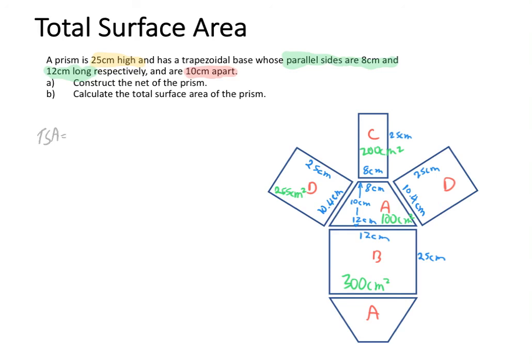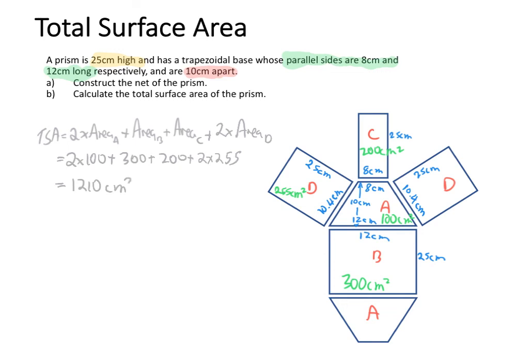The total surface area is going to equal 2 times the area of shape A, being my trapeziums, plus area of shape B, plus area of shape C, plus 2 times area of shape D. Substituting in my values: 2 times 100, plus 300, plus 200, plus 2 times 255. That adds up to 1,210 centimeters squared.